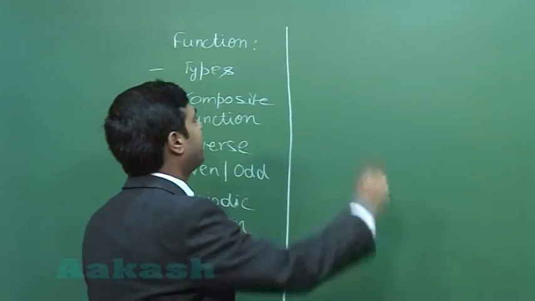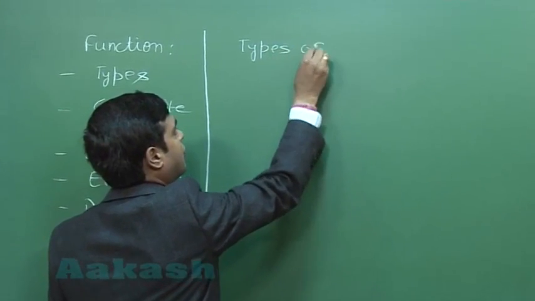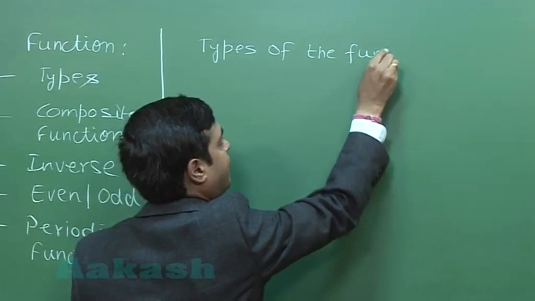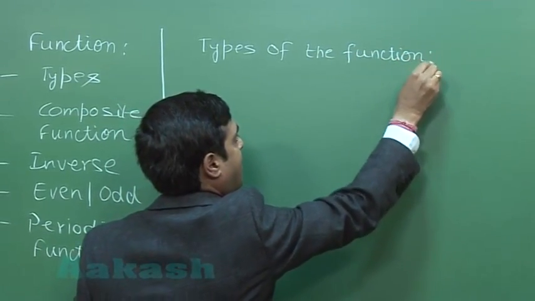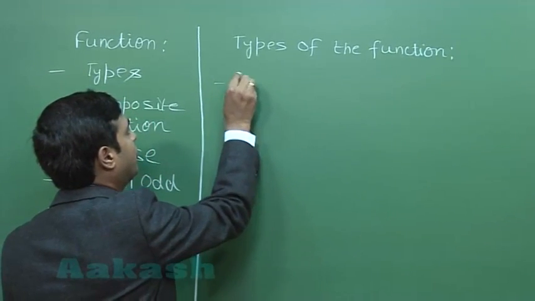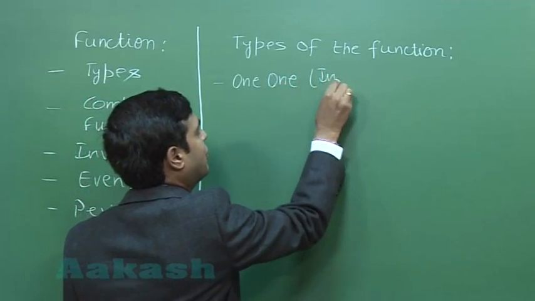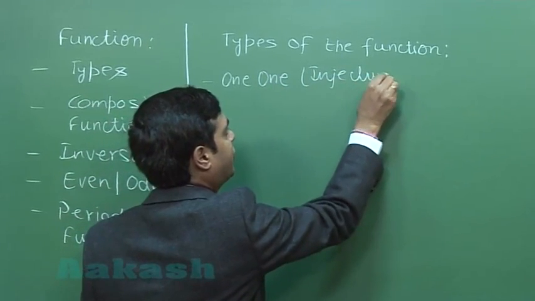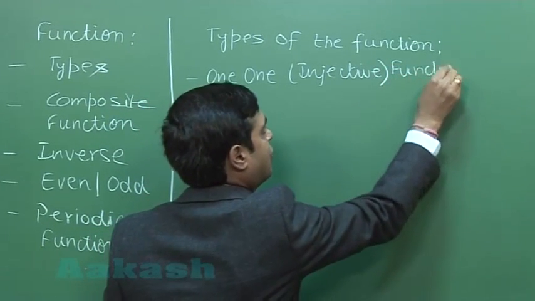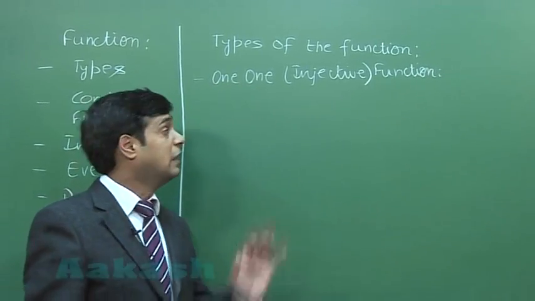So let's start with the first one, that is types. Types of the function. So first we will be talking about one-one, also called injective function. One-one function, how we describe it?